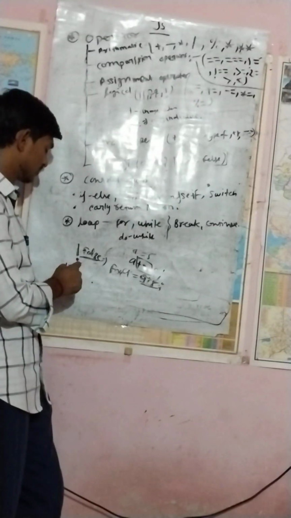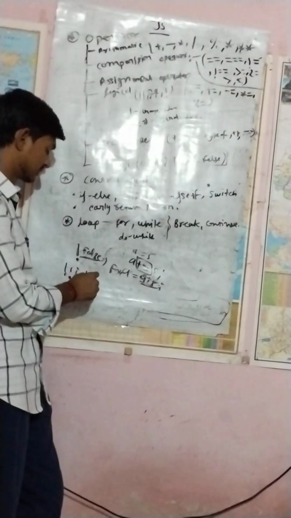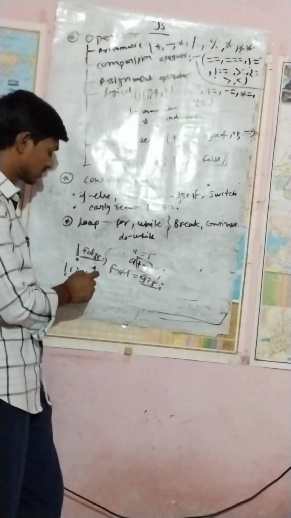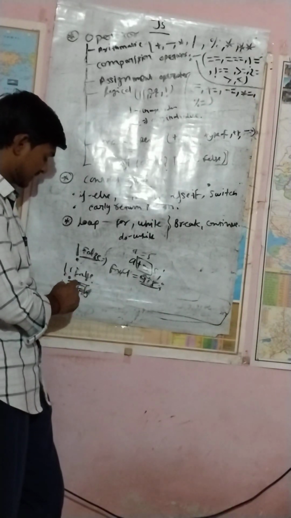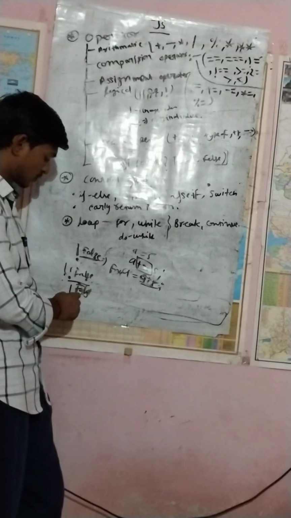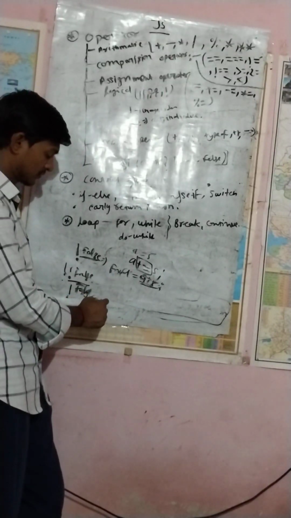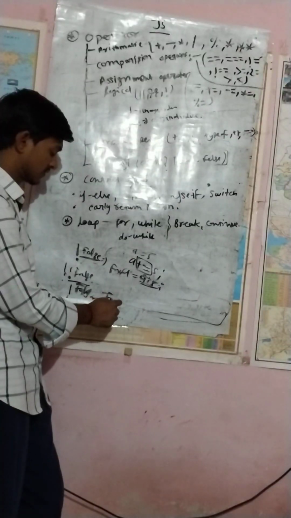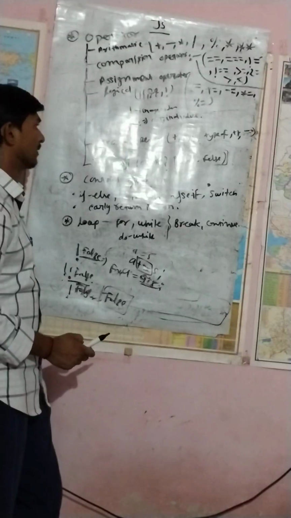And if you use double not on false, the first not makes the result true, and the second not makes it false, so it gives you the original, exact value.